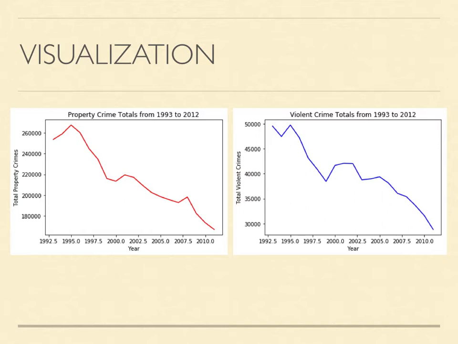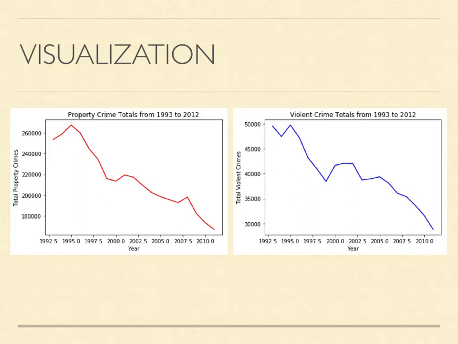In property crimes, you can see a slight increase from 2000 to about 2001, and then you see a decrease again, and then again from 2007 it increases until about 2008, and then it decreases again until 2010.